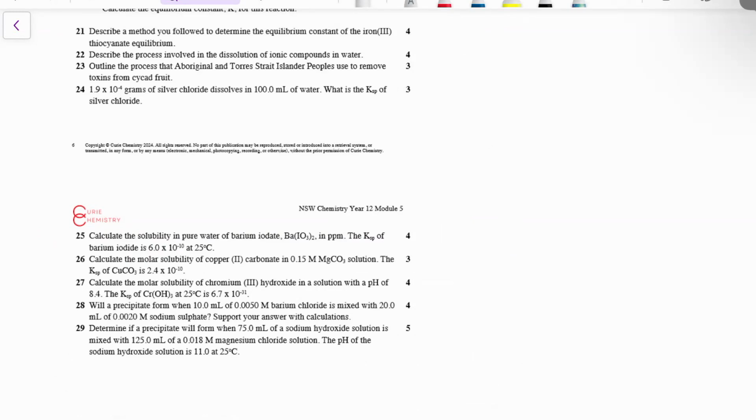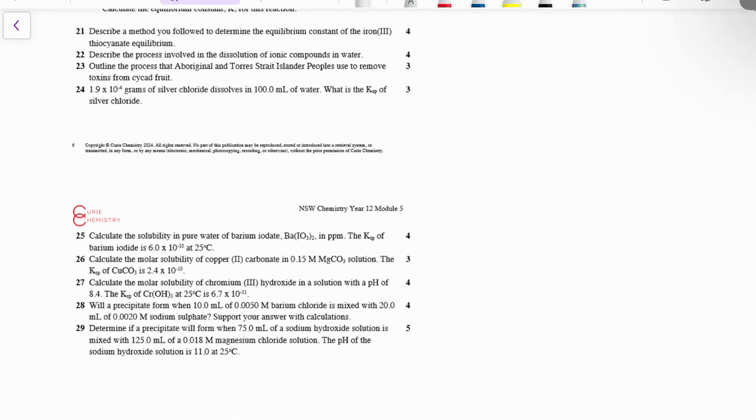Molar solubility is moles per liter. So all we're doing here is linking what we know we need to what they've given us in the question. For us to calculate KSP, we need molar solubility, which is concentration in terms of moles per liter. But in this case, they've given us grams that dissolves in 100 mLs. So I don't currently have the information that I need, but I can convert to that piece of information.